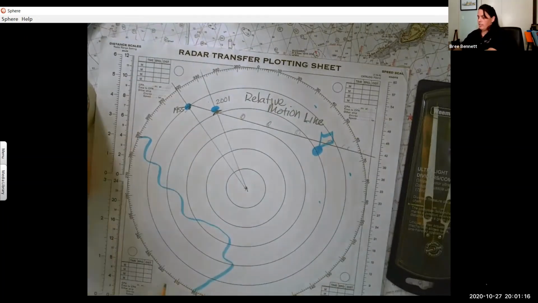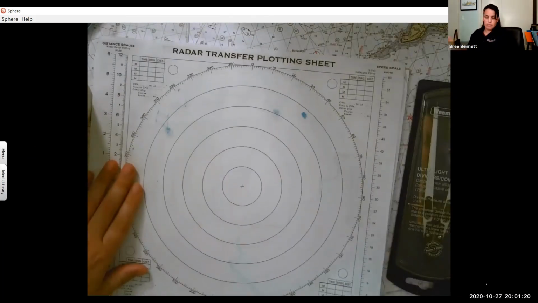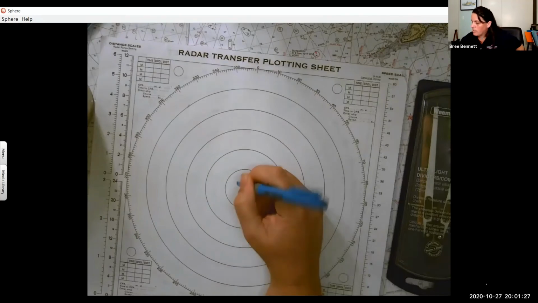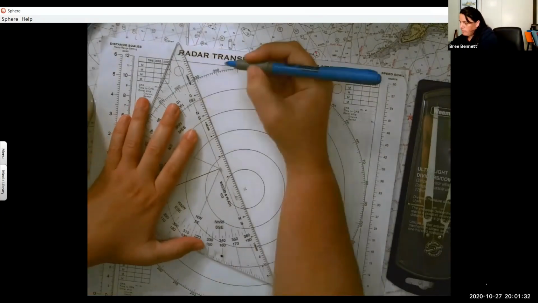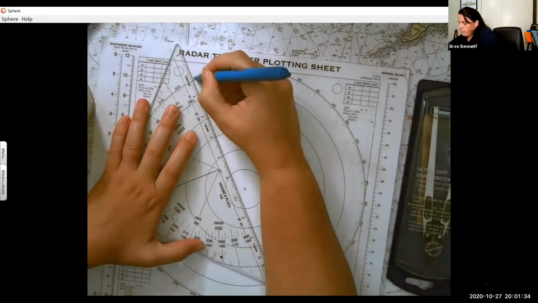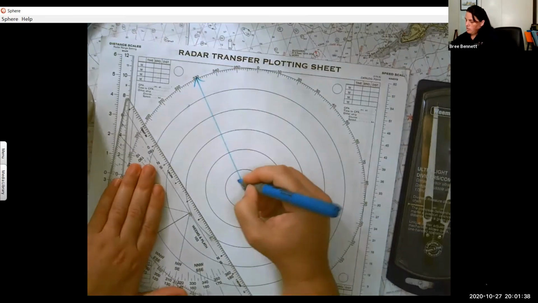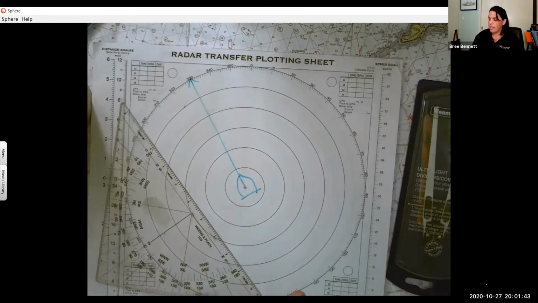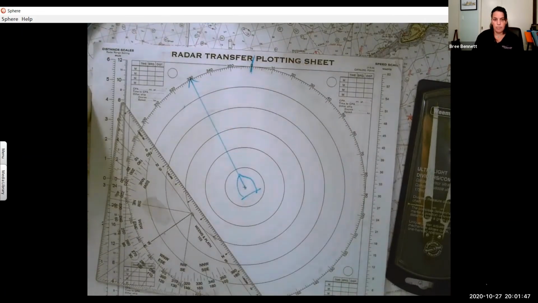Now let's look at another one. Let's put us going that way. But again, we're north up, so we always have north up.